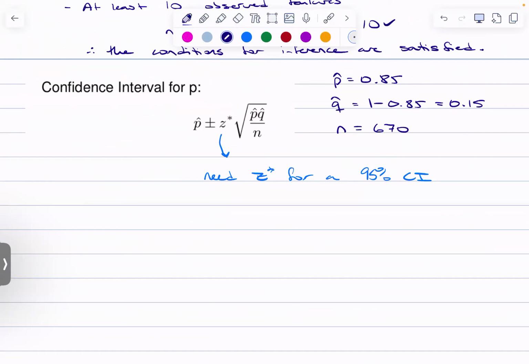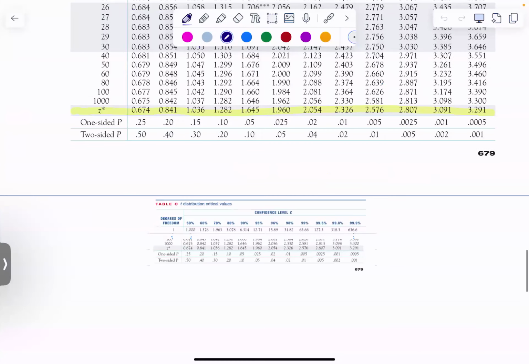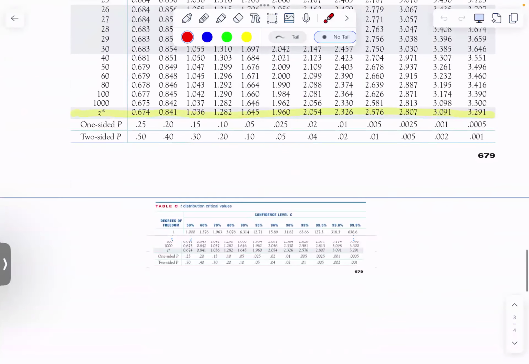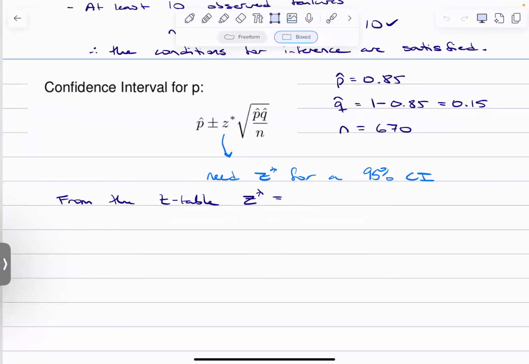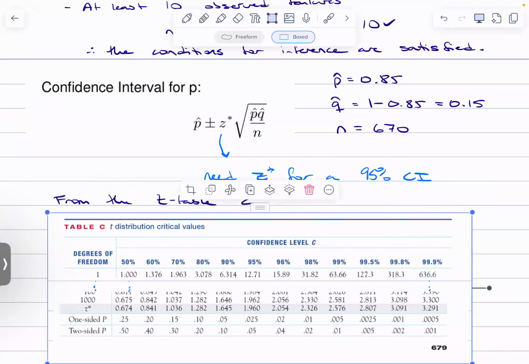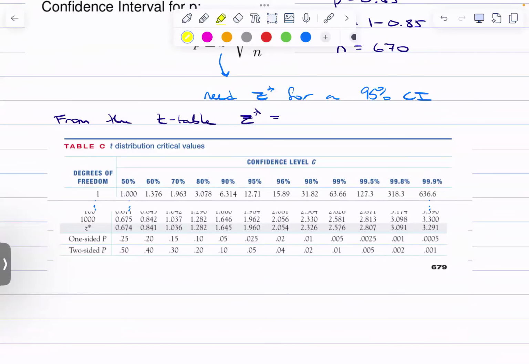From the t-table, z star is going to be 1.96. I want to build a 95% confidence interval and I need a z star to do it.